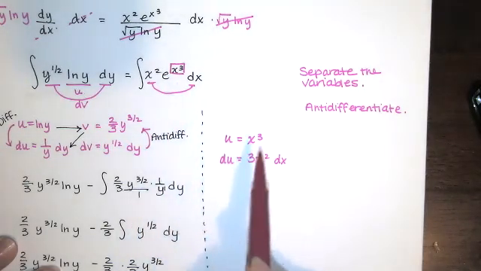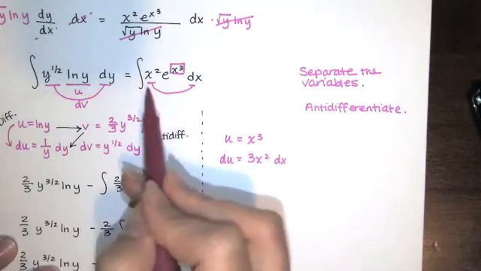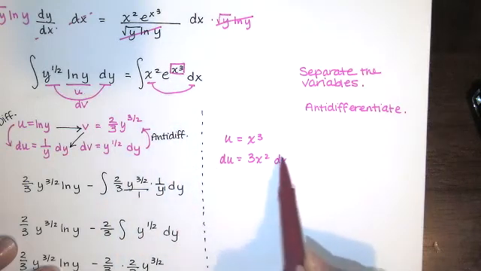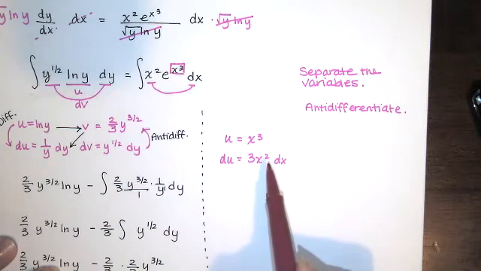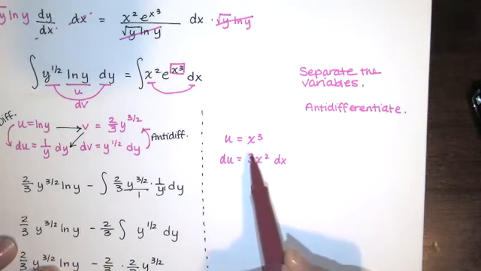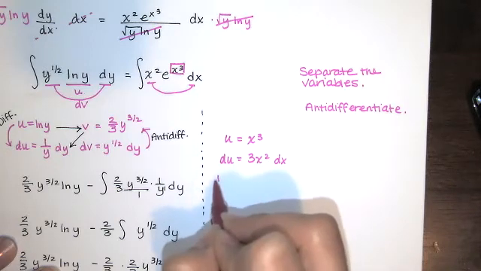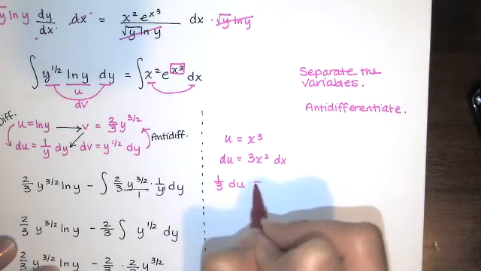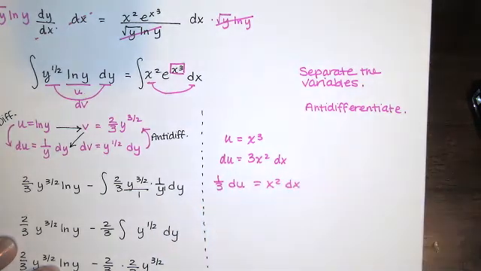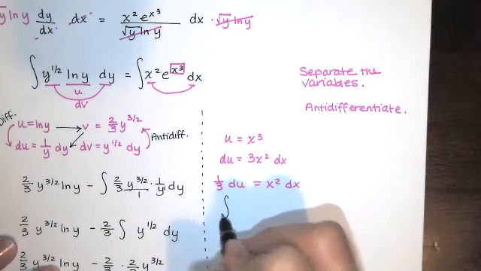So this is going to be my u, that's du. The integrand has an x squared dx in it, so I'll take this equation and I'll solve for x squared dx by dividing both sides by 3 or multiplying by 1/3, same thing. And then we can look at our integral again.